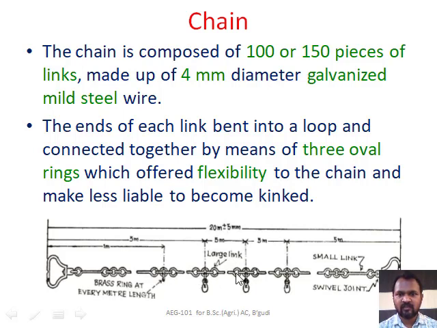So here also you can see. Then the end of this chain will be having brass material handles, and at every 5 meters of links a metallic tag will be attached here. So after 5 meter distance one tag is attached, another after 5 meter, likewise it will be there.